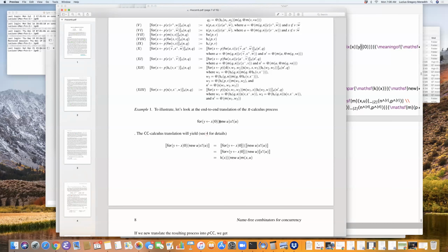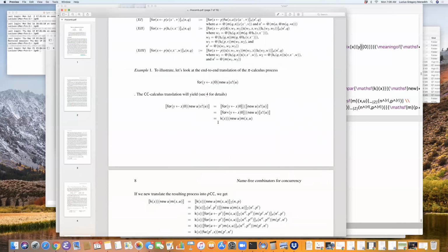So you can kind of ignore the new and descend into the scope, and then you just have a for comprehension in parallel, waiting on X, in parallel with something that's outputting on X. And that will send the U over, and then we would substitute the U in for every occurrence of y in 0, and that's just 0. So that's the way that would evolve.